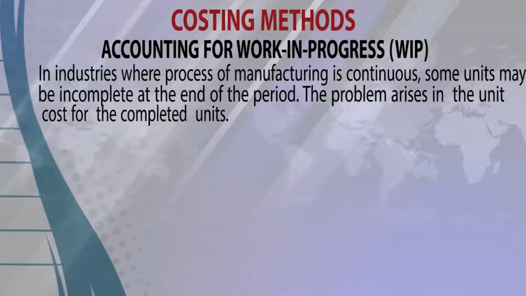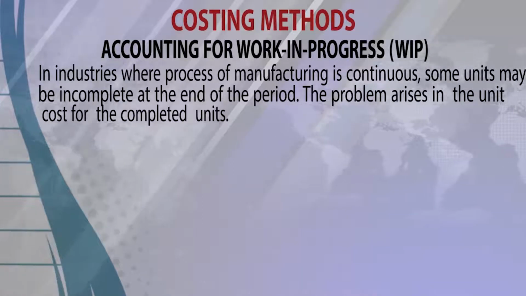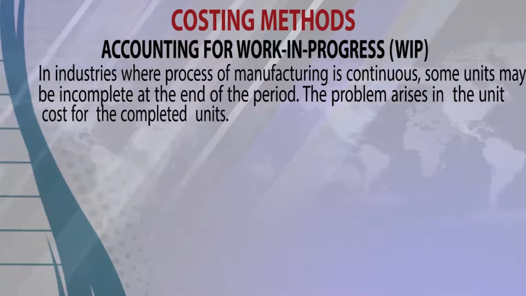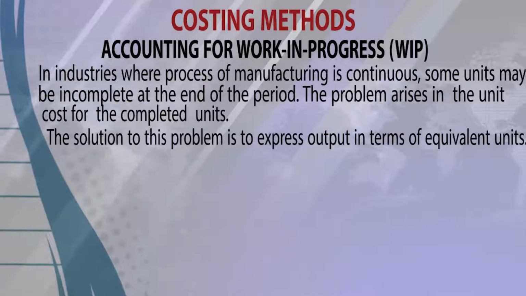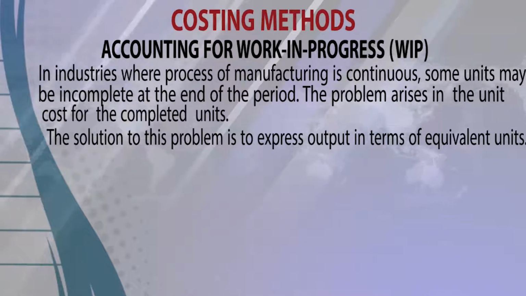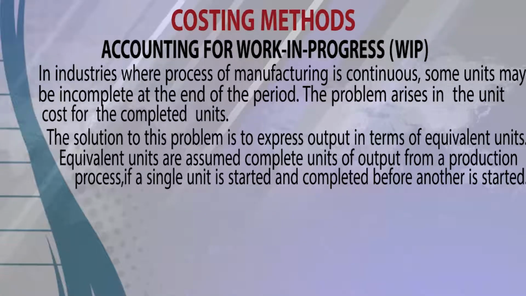The problem arises in the unit cost for the units that are completed. The solution to this problem is to express output in terms of equivalent units. Equivalent units are assumed complete units of output from a production process.